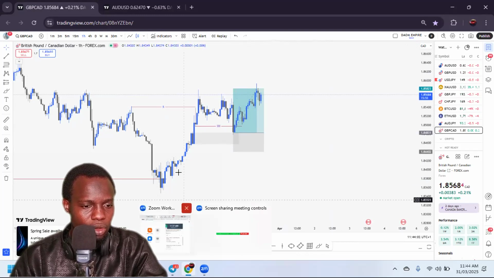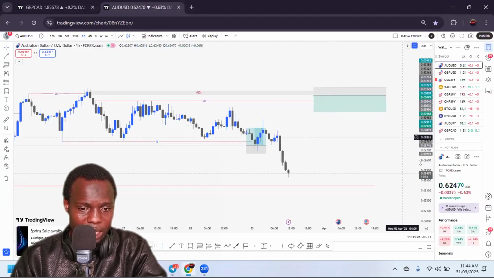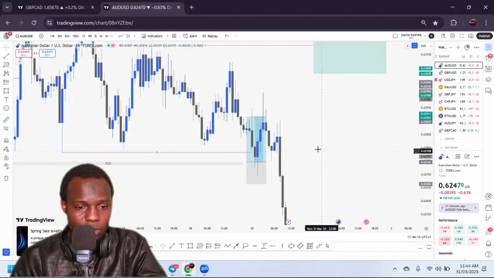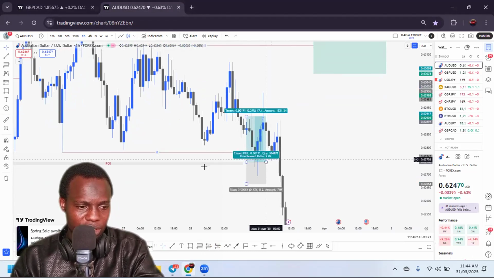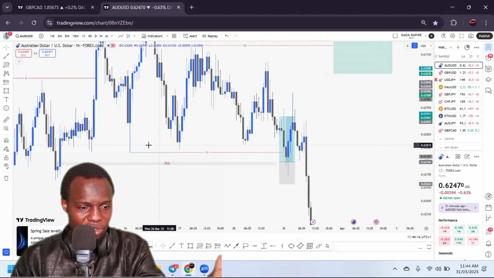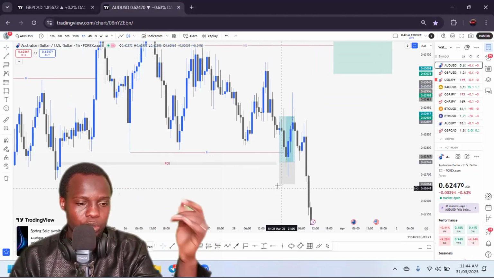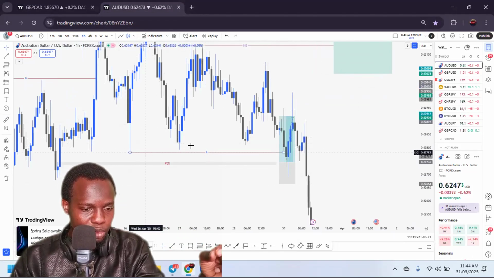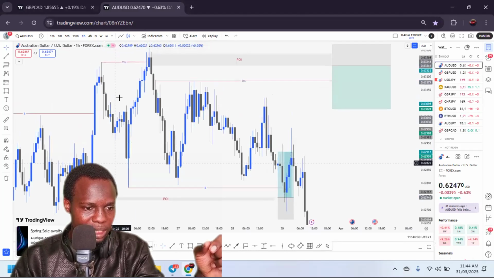Even this particular trade right here got activated, but of course, I didn't take this trade. That's why you didn't see me publicizing it. I analyzed this trade and I was waiting for confirmation because of some manipulation I've been seeing around taking out this inducement and breaking structure.